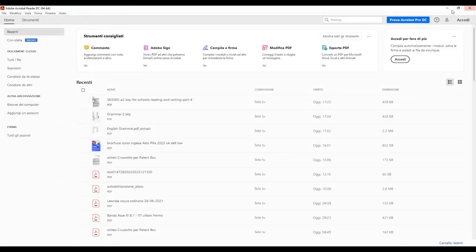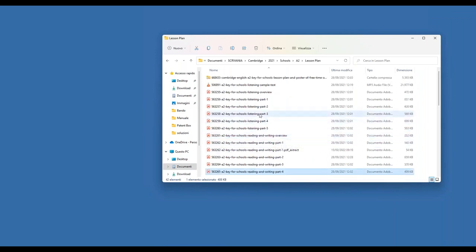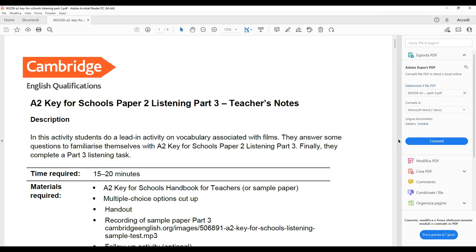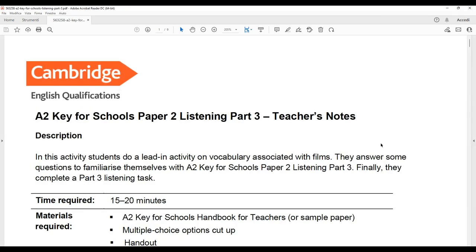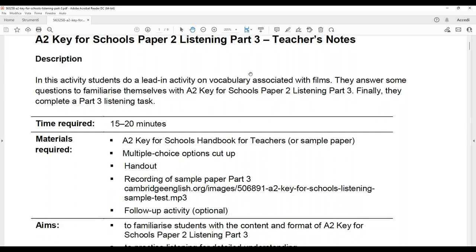Now let's move on to a different part of the exercise, which is the listening part 3 for tonight. So let's go to our lesson plan and take a look at the listening part 3 exercise. In this activity, students do a listening activity on vocabulary, with films.